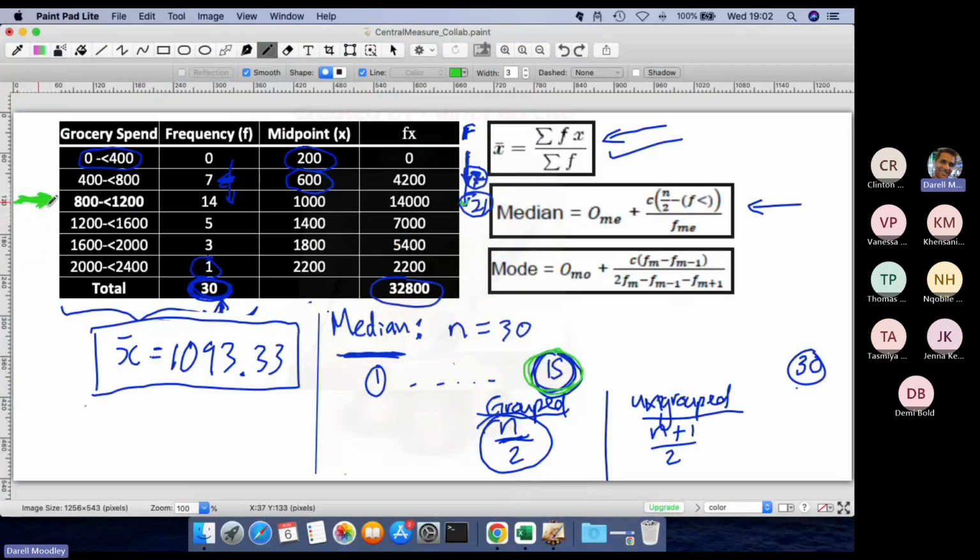I'm going to leave the green arrow there because all the values that you need for this formula come from that green interval.